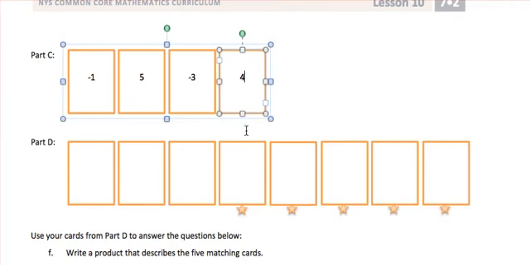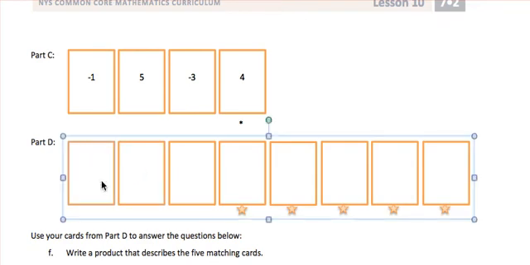And I'm going to select our fourth card as the starred card. And I'll use an asterisk for my star.